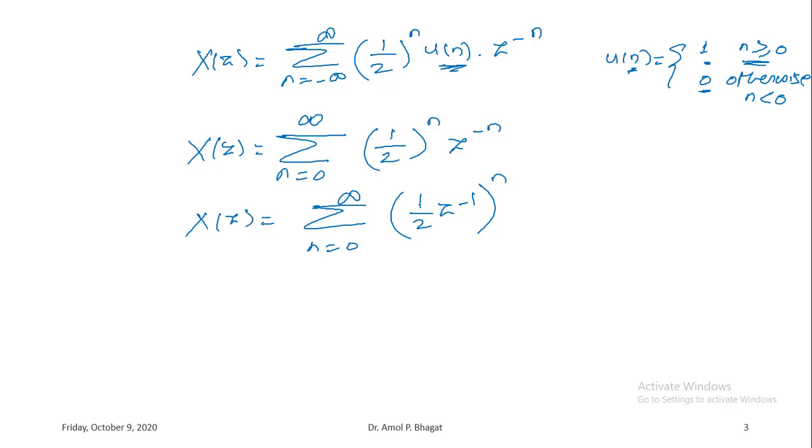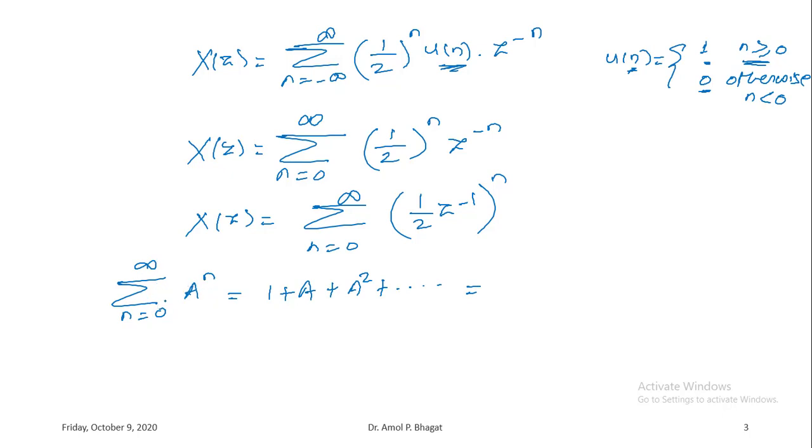So the equation that we got here is in geometric series form. It is an infinite geometric series. It has the form summation n equals 0 to infinity a to the power n. If you substitute values of n here, it will be 1 plus a plus a square and so on. It is an infinite series where the limits are from 0 to infinity.